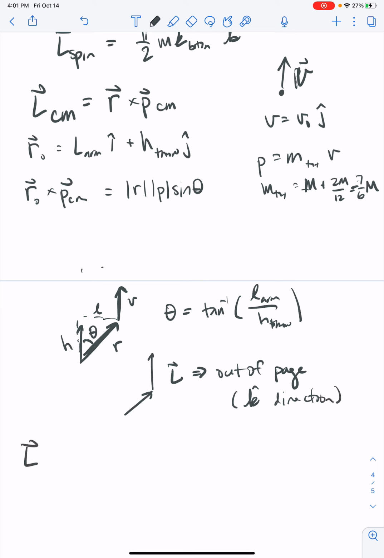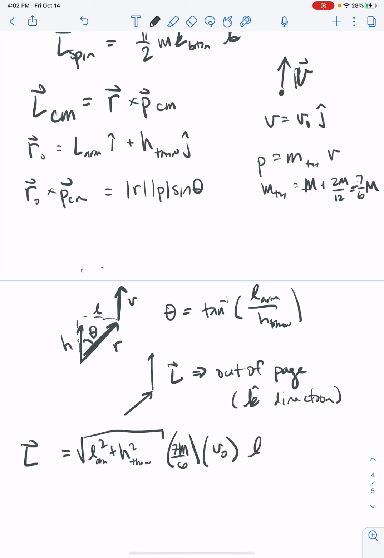So the total angular momentum initially is the square root of L arm squared plus H throw squared, times 7/6 M, times V naught, times sine theta, which is L over the square root of L arm squared plus H throw squared.